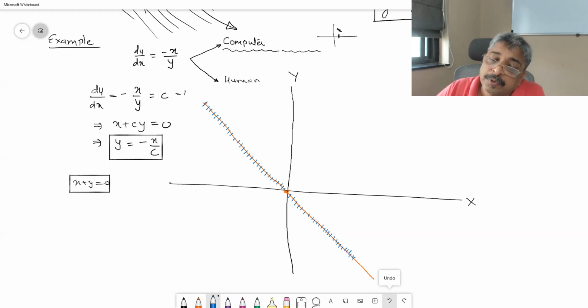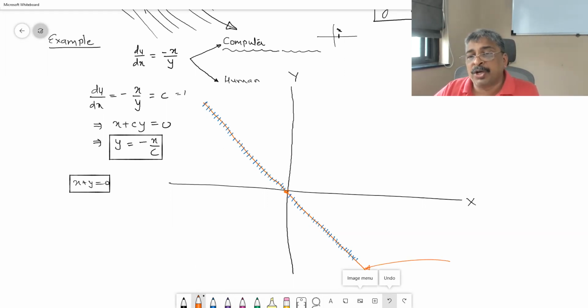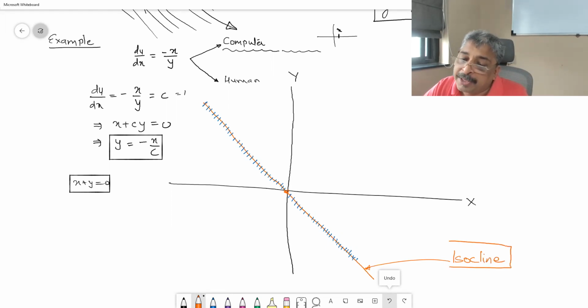Now this orange line which I have drawn has all the points giving slope 1 of the given curve, and therefore it is called an isocline, a same-slope line. So in this problem, if c is equal to 1, I get one isocline.